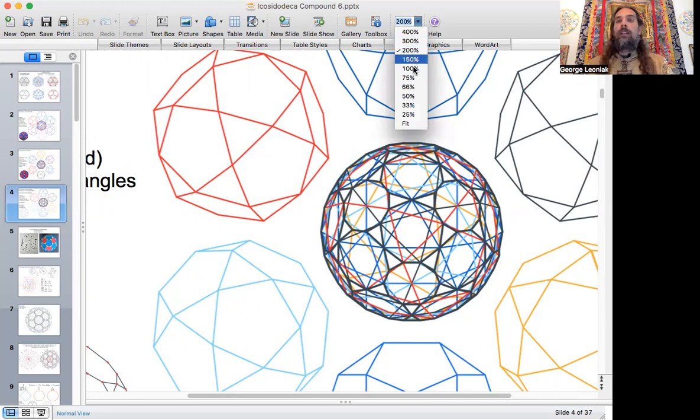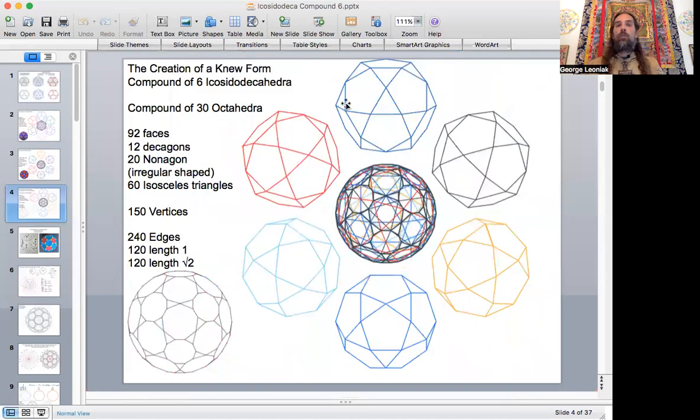It created the nonagon faces on its own without me having to do anything. This is an irregular nonagon, meaning it has 9 edges, and it created the decagon faces all on its own just by following the rules of 5-fold symmetry, with the 6th one being in the middle. So it's got the 20 irregular nonagon faces and 60 isosceles triangles.